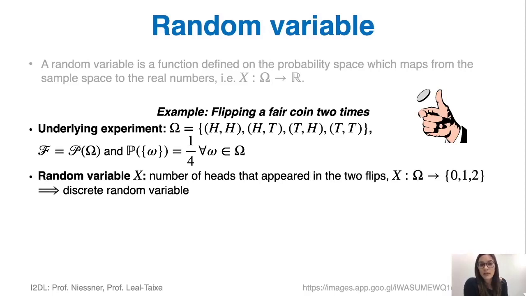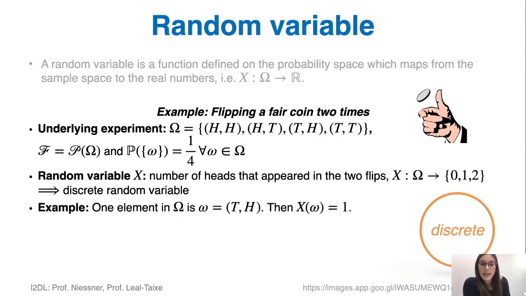Because the outcome can be either that I don't have any head, I get 1 head, or in my flips I get 2 heads. So the possible outcomes here are 0, 1 and 2. And again, the outcome space or the target space of my random variable is a discrete set. So again, here we are looking at a discrete random variable. This is the second example, but here the random variable is a little bit more complex than the one before.